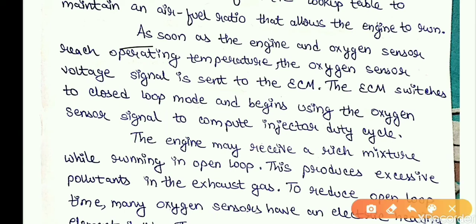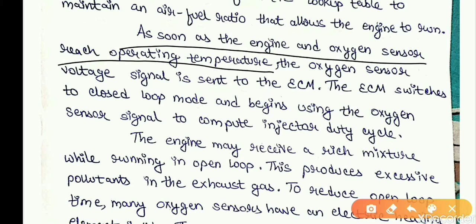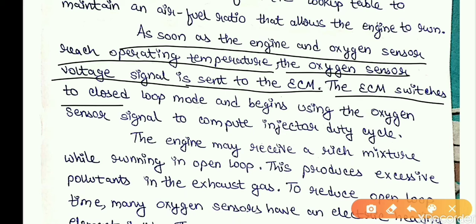Now see what happens. As soon as the engine and oxygen sensor reach operating temperature, between 200 and 800 degrees Celsius, the oxygen sensor voltage signal is sent to the ECM. At that time, the oxygen sensor starts sending the varying voltage to the ECM. So the ECM switches to closed loop mode.